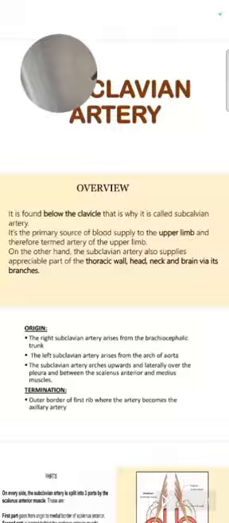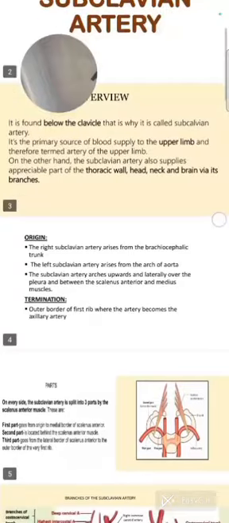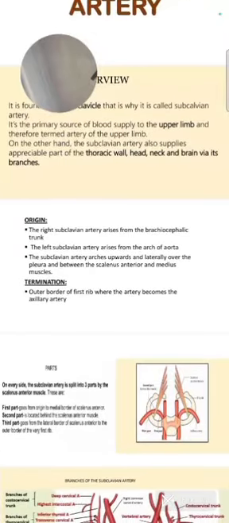So the origin: the right subclavian artery arises from the brachiocephalic trunk, but the left subclavian artery directly arises from the arch of aorta. So the arch of aorta gives three main branches.